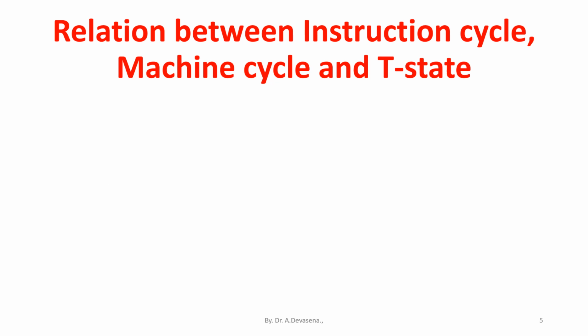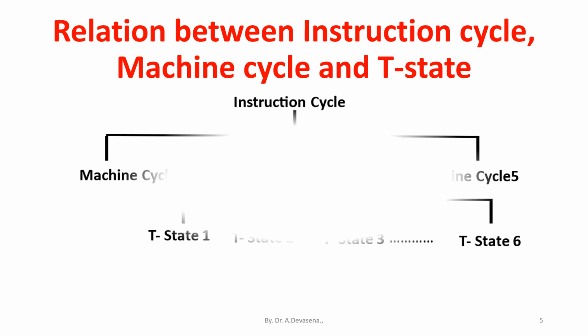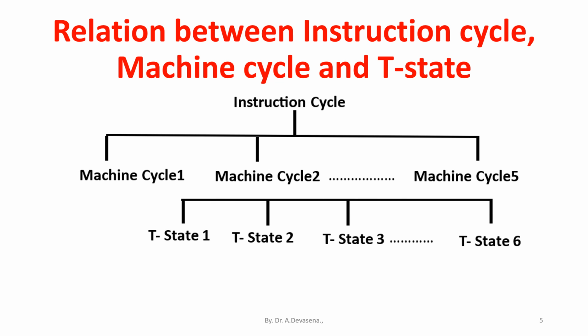Here is a relation between instruction cycle, machine cycle, and T state. One instruction cycle comprises 1 to 5 machine cycles, and one machine cycle comprises 3 to 6 T states. It is represented here.